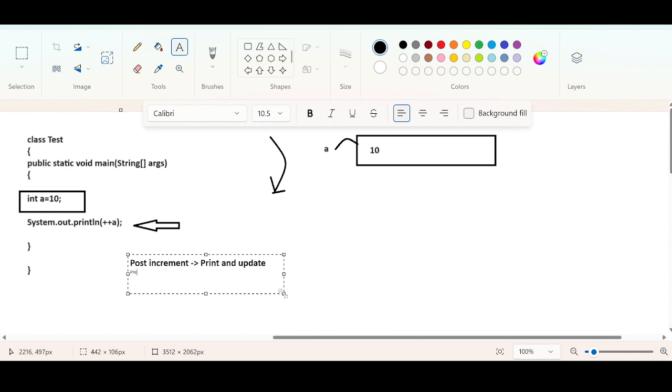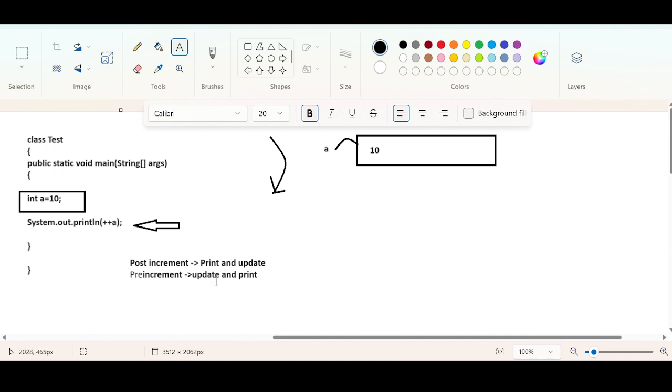For the pre-increment operator, update the value and then print. This is the simple formula: print and update for post.